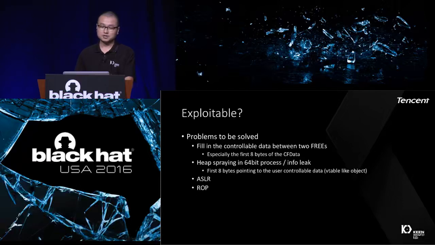If you want to exploit this bug, several problems must be solved. One is that you have to fill in the data into the two CFFrees. This is the first problem. The second problem is that you have to do a very effective heap spray in a 64-bit process. And also there are other things like ASLR and ROP.